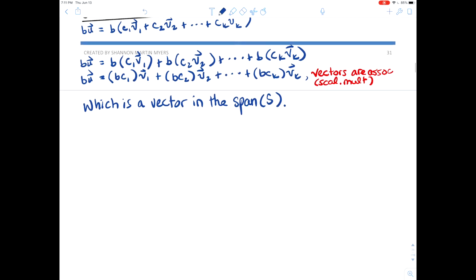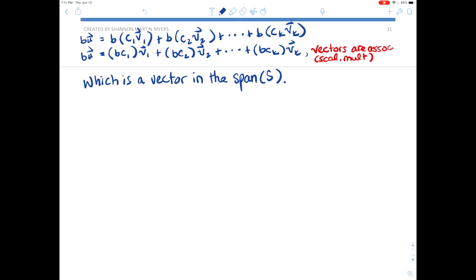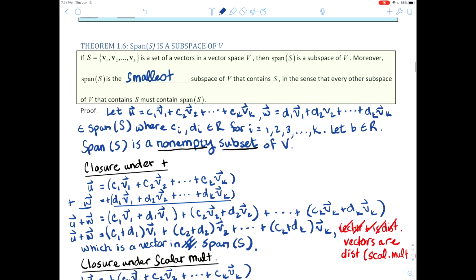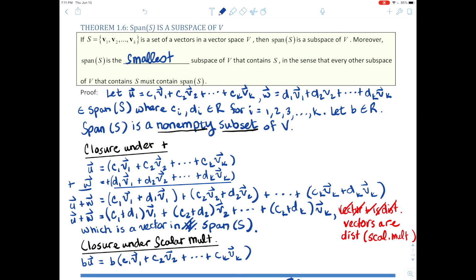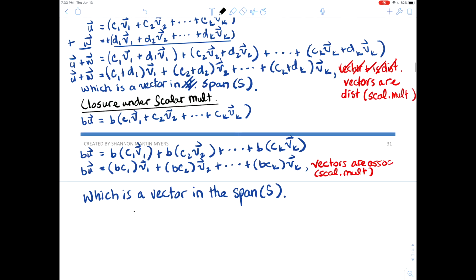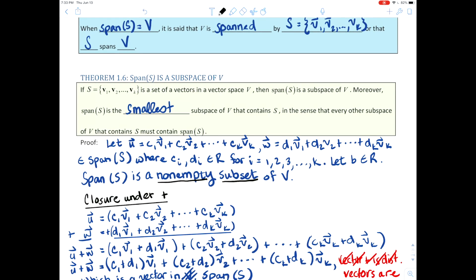All right, so here we go. Now we wanted to look for the second part of the proof. So this is really kind of part one, which was showing the subspace part. So now let's look at this part.